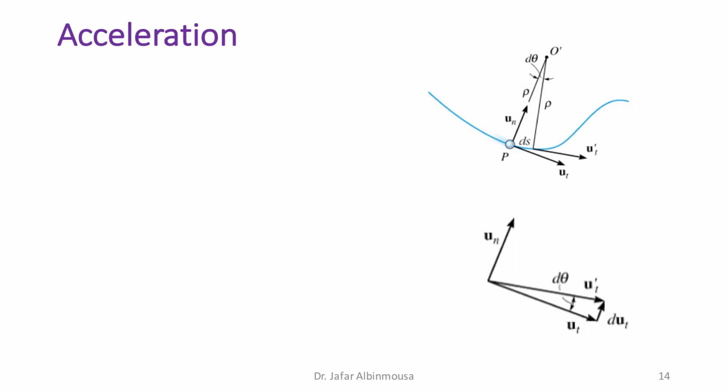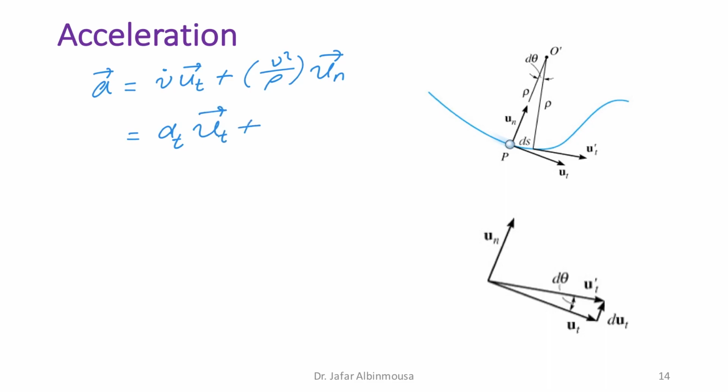To summarize this, we have now found that the acceleration vector is v dot u_t plus v squared over rho u_n. And this is what we call a_t, the tangential acceleration, u_t plus the normal acceleration u_n.